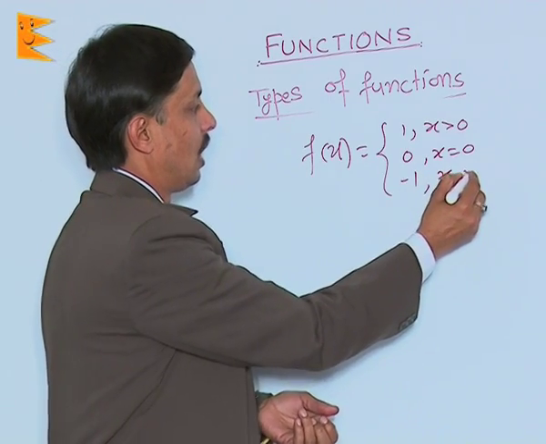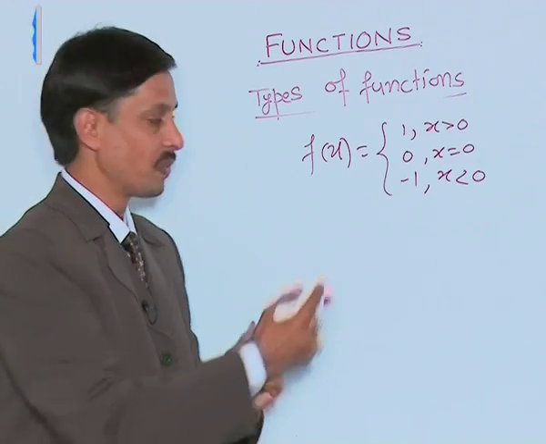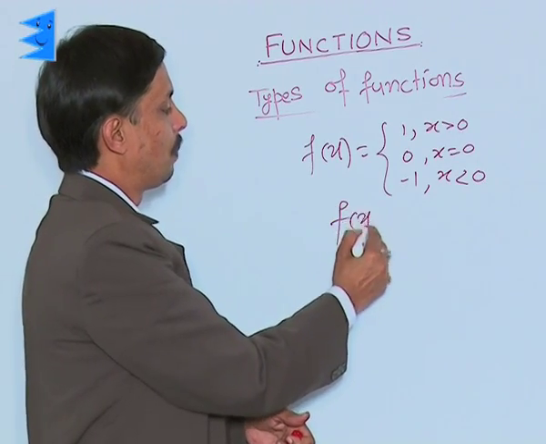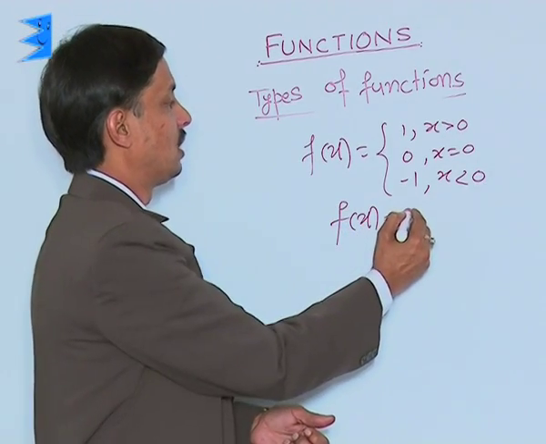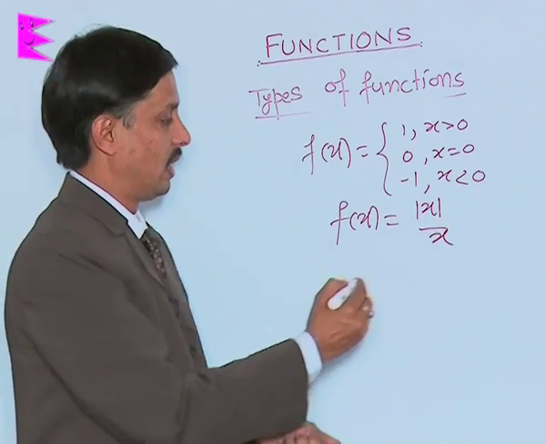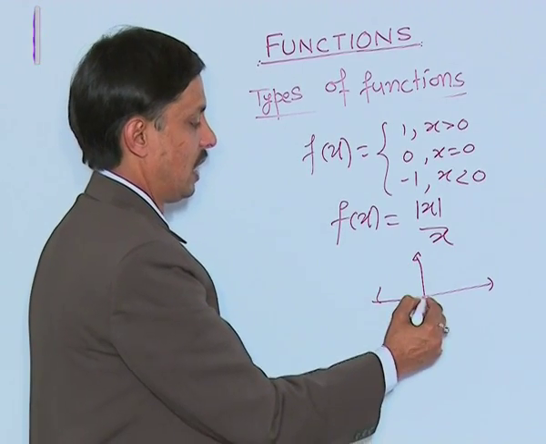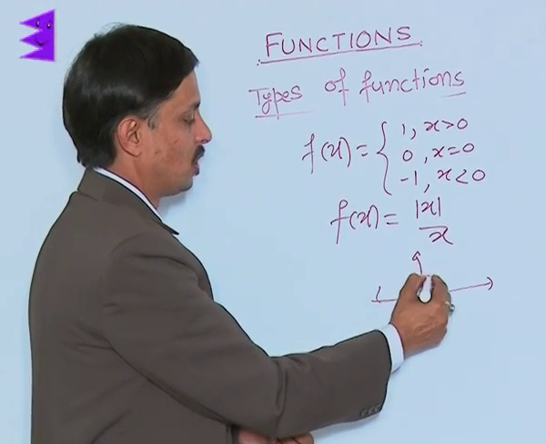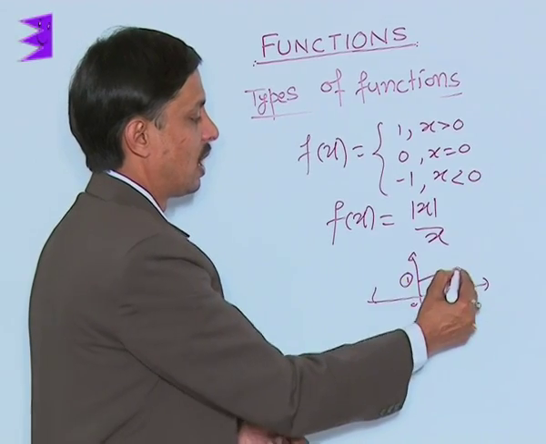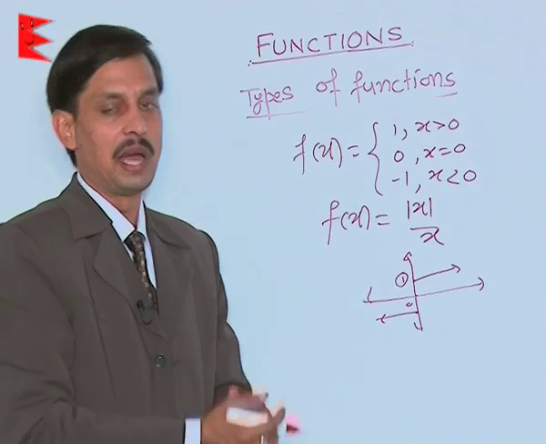If x is less than 0, the answer comes as minus 1. The net way to represent the Signum function is mod x upon x. And the graph of the Signum function is given by 0 at the origin, for the positive zone it goes through 1, and for the negative zone it goes through minus 1.